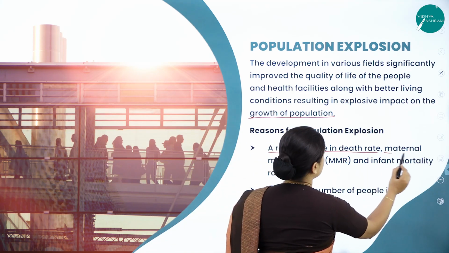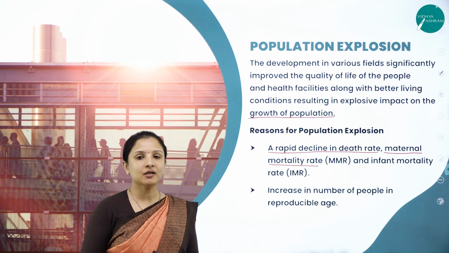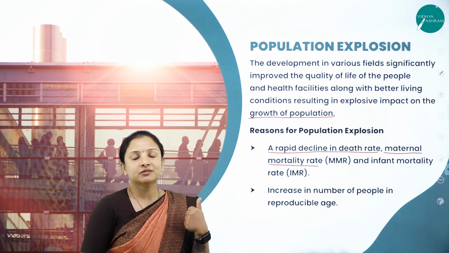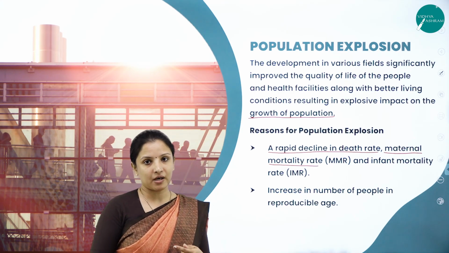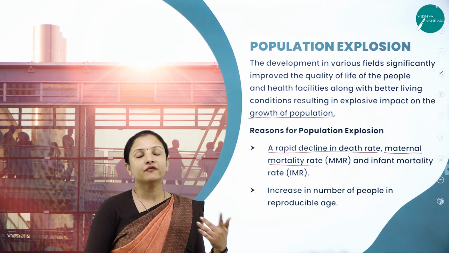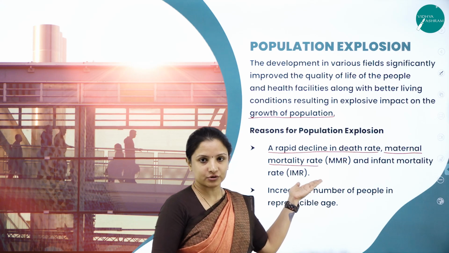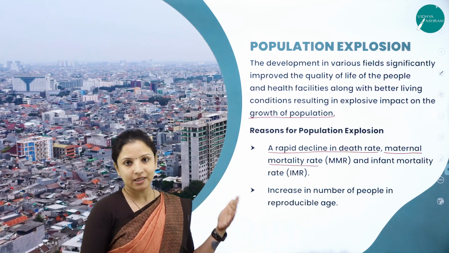Next is maternal mortality rate. Maternal mortality rate is nothing but the death of the mother. As and when the government started concentrating on reproductive health and the maternity of the mother, and a lot of improvements were made in the field of medicine towards reproductive processes, the mortality or the death of the mother also started declining.